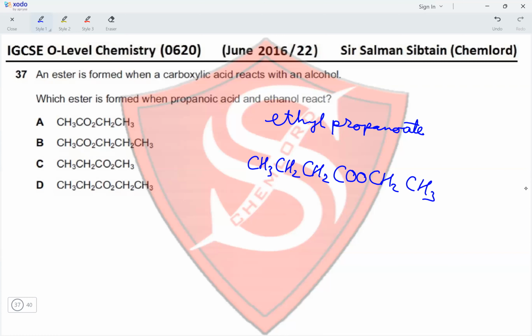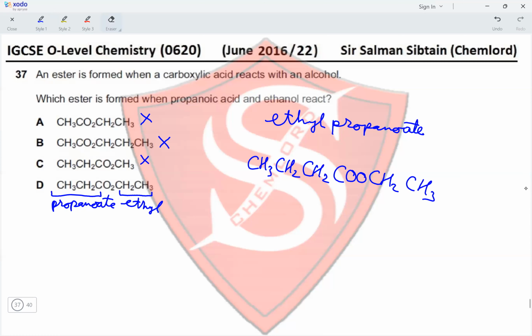A has ethyl ethanoate as the ester present. B has propyl ethanoate as the ester present. C has methyl propanoate as the ester present, and D has ethyl propanoate.